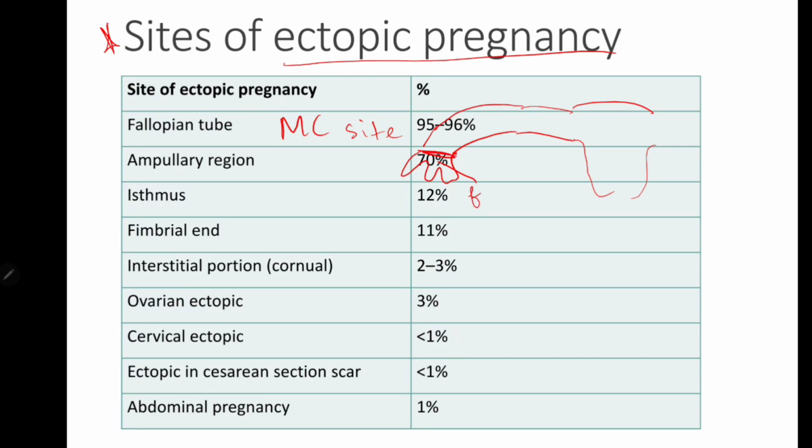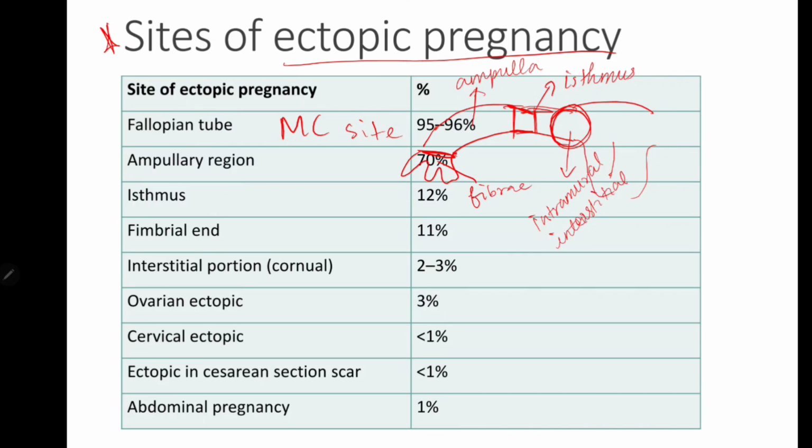This one over here is your fimbriae, and this one over here, the widest portion, is your ampulla, and the narrowest portion over here is your isthmus, and this part over here is your intramural part or your interstitial part. Both are the same, intramural or interstitial.